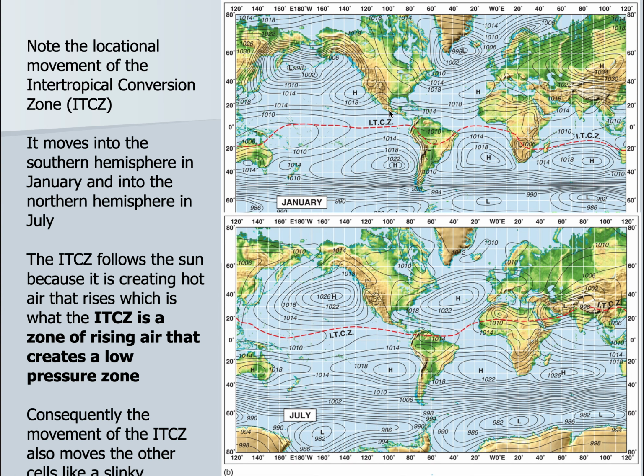So before we had the Panama Canal and all of that freight had to come through here, not only did it take a lot of time and take a lot of energy, but it was exceptionally dangerous to move goods and people between these two oceans. So the Panama Canal was really imperative to get constructed. In July, because we've sort of moved the slinky to the northern hemisphere, all the slinky coils are pulling towards the north.